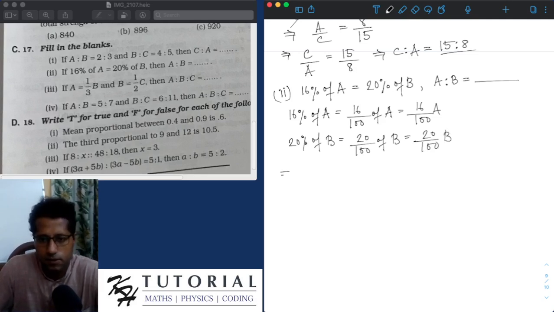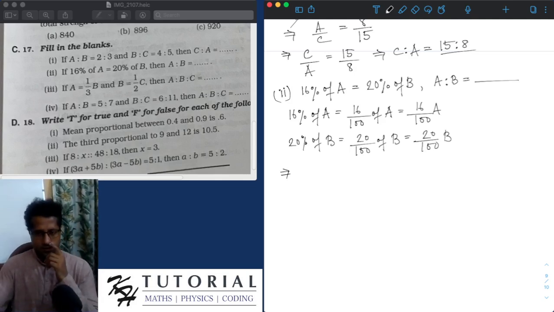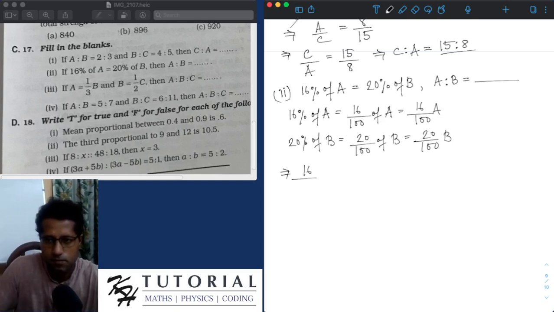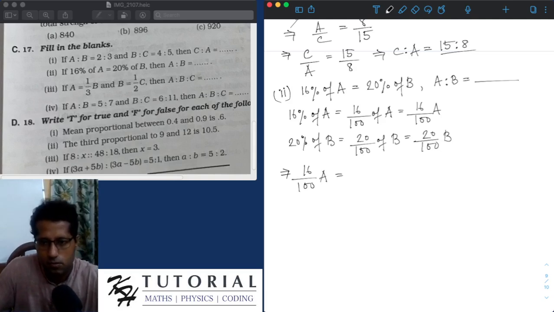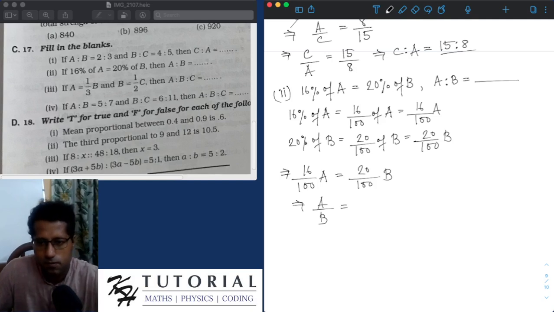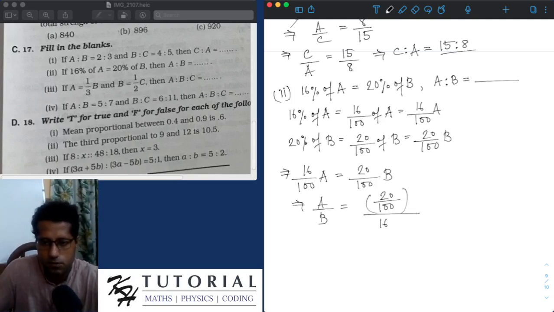Now it has been given that 16% of A equals 20% of B. So we can say that 16 by 100 A equals 20 by 100 B. This implies that A by B equals 20 by 100 divided by 16 by 100.